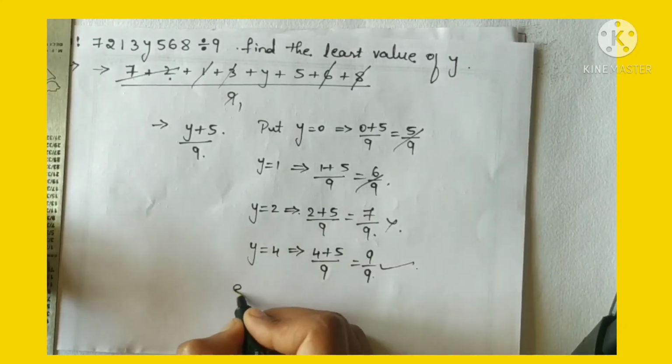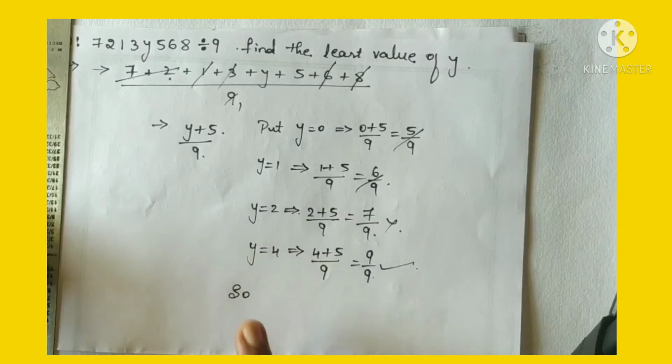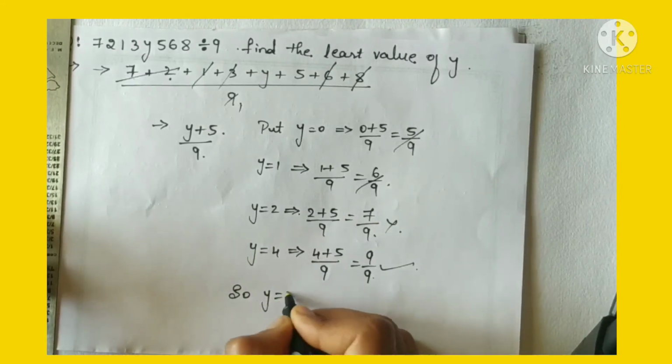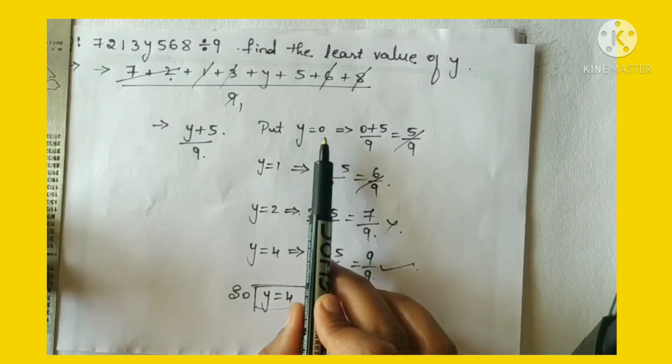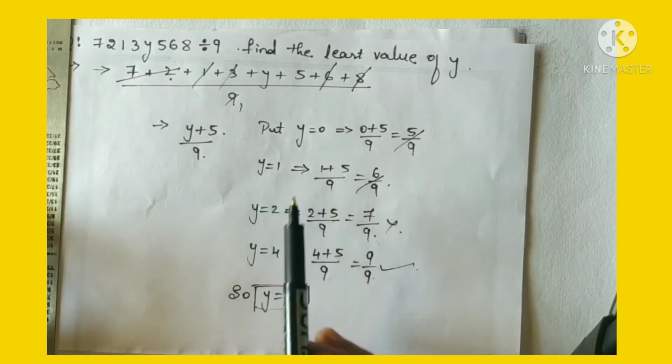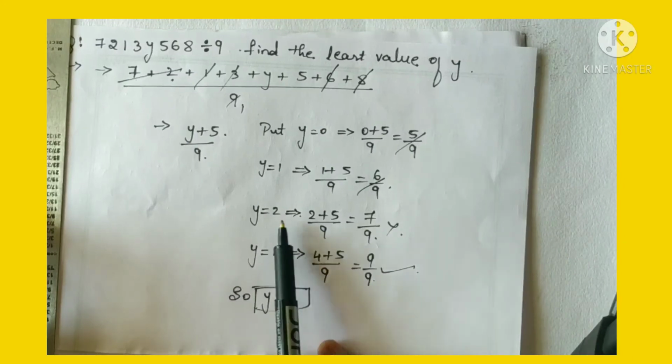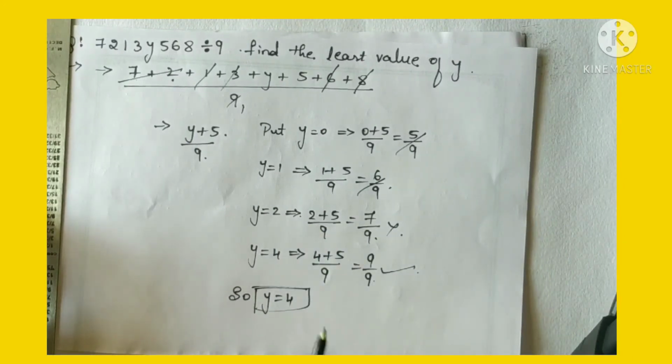So the least value here is y equal to 4. 0 is not satisfied, 1 is not satisfied, 2 is not satisfied, similarly 3 is not satisfied. So the least value of y is 4.